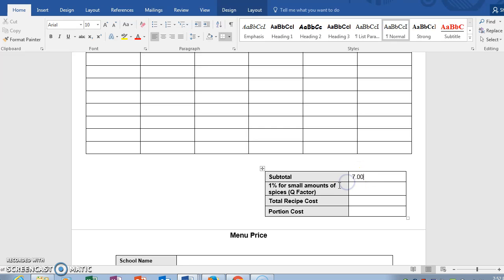Okay, there's this right here, the Q factor, that stands for the small amounts of things like salt. So you do not have to figure out how much each little grain of salt costs. There's just this common percentage that we use. So 1% of your subtotal, $7, that we would put down.